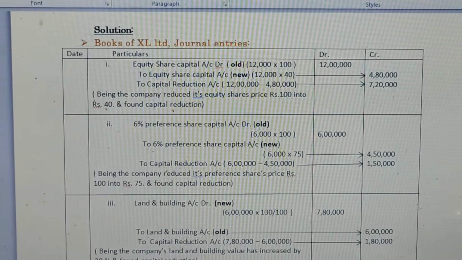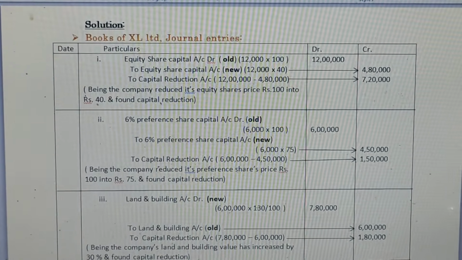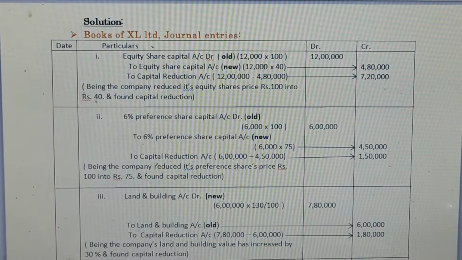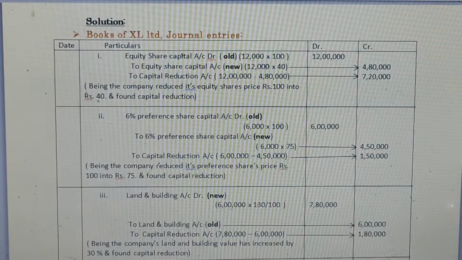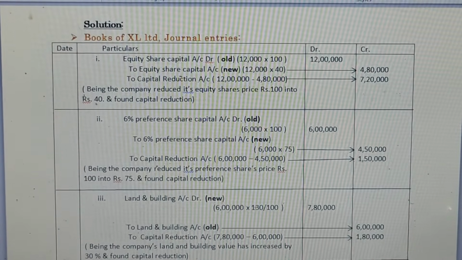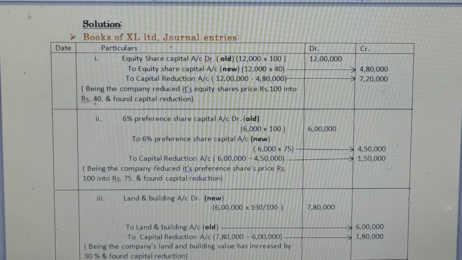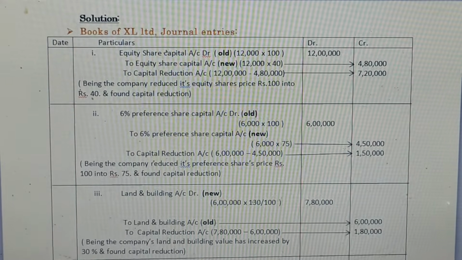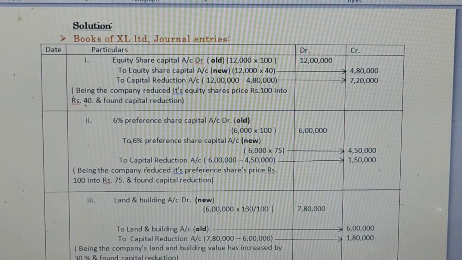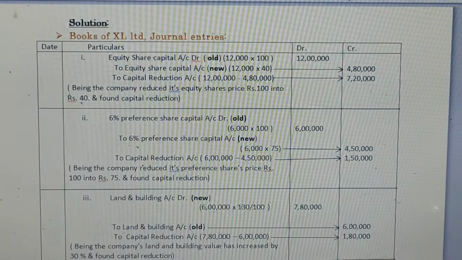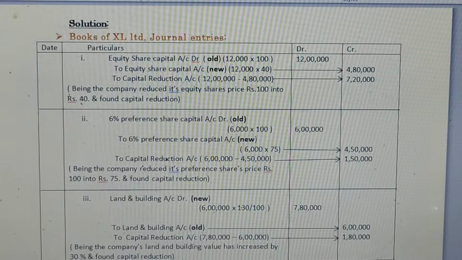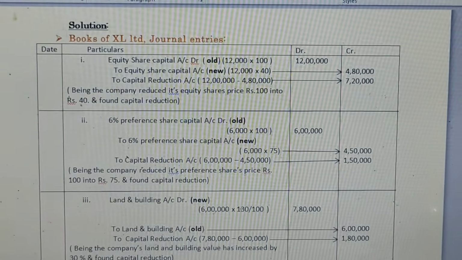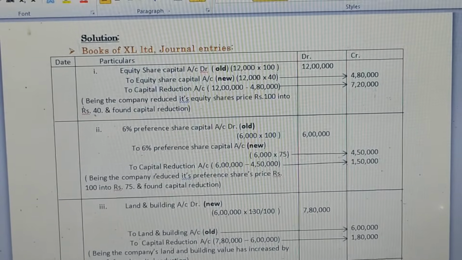And to equity share capital account credit, it's the new value. As per the adjustment, the company is going to reduce its share price from rupees 100 to rupees 40, but there are no changes in the number of equity shares. So the new equity share capital value is rupees 4,80,000. It means 12,000 multiplied by 40, which we have to mention on the credit side.